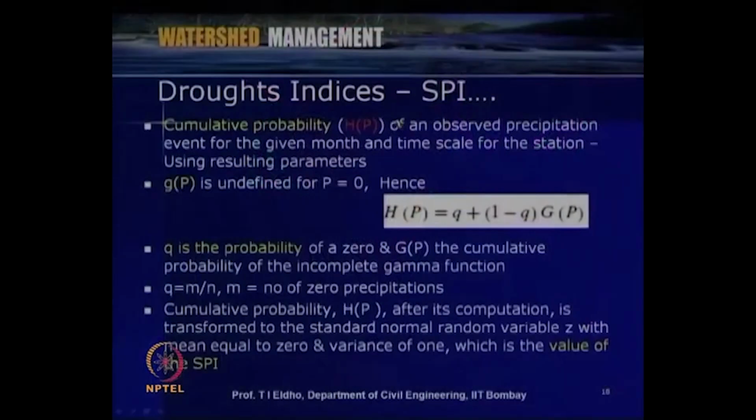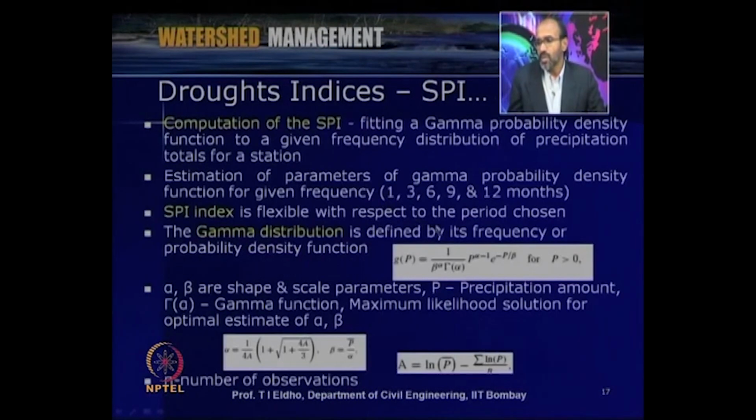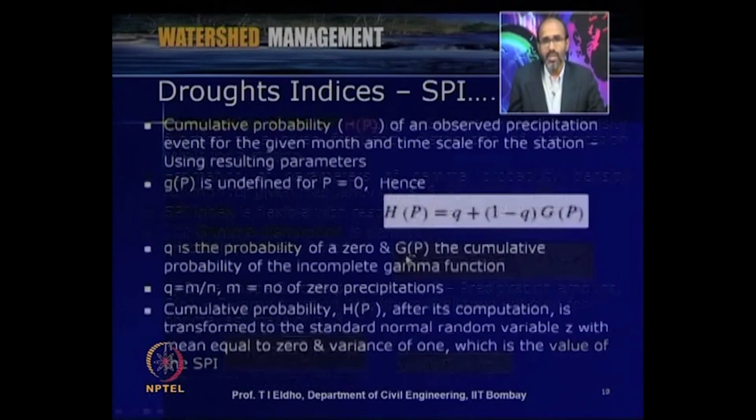And this is the cumulative probability of an observed precipitation event for the given month and time scale for the station, using the resulting parameters. G(p) is undefined for p equal to 0 with respect to the earlier equation. Then H(p) is equal to q plus 1 minus q into G(p). Here q is the probability of zero precipitation, and G(p) is the cumulative probability of the incomplete gamma function.